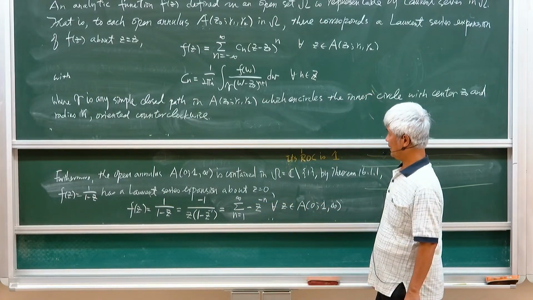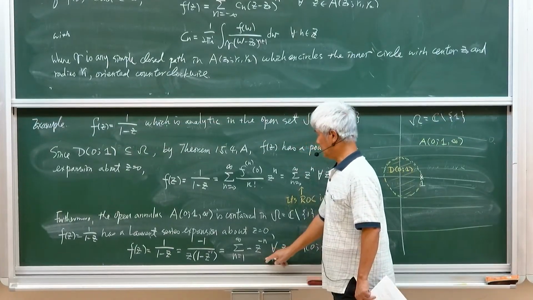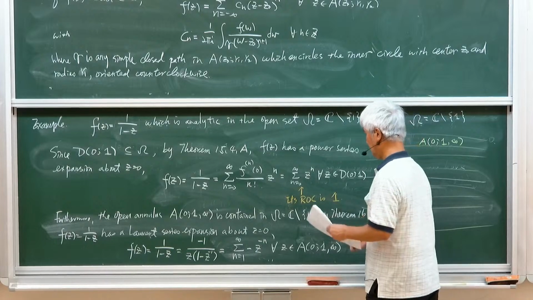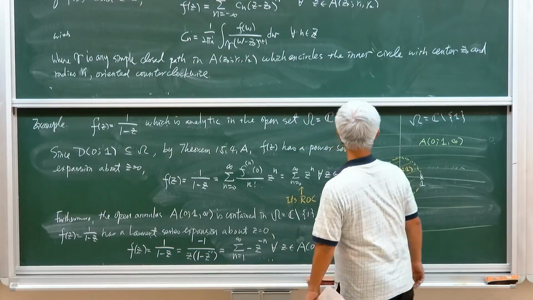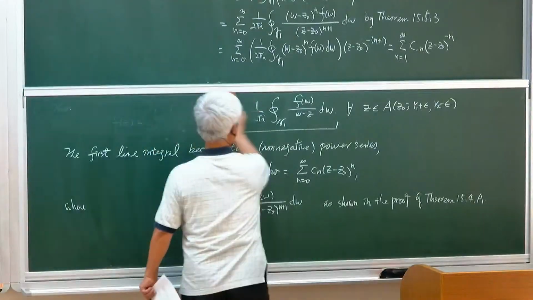All right, so you see here that this is the Laurent series expansion. And for the Laurent series expansion, you can check back to see what the alpha and the beta are.